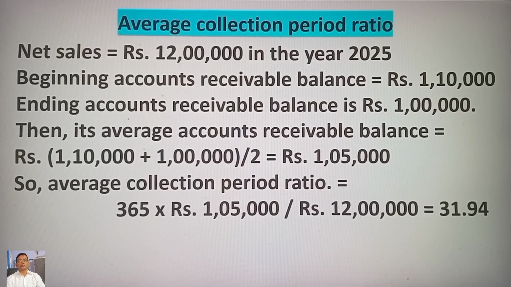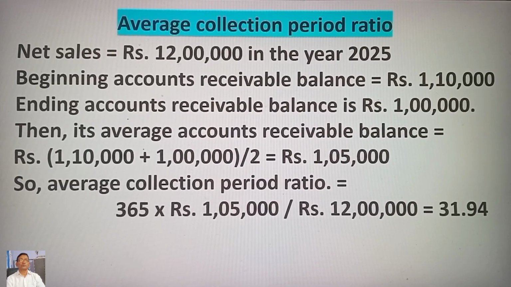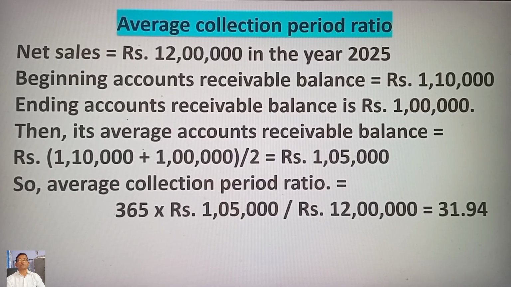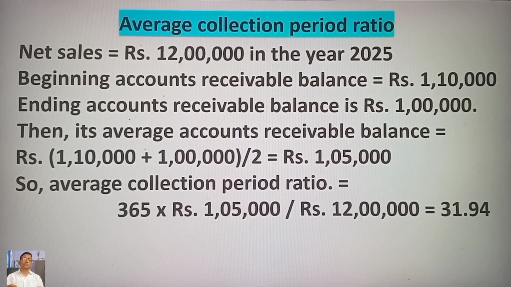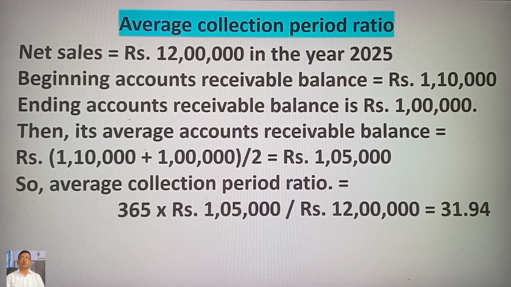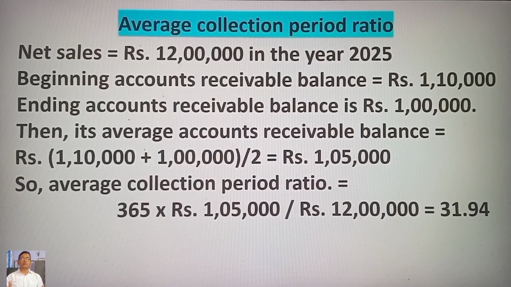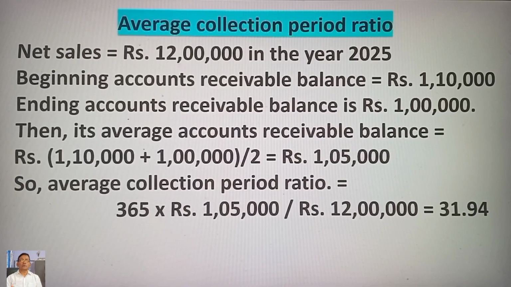In a year, that is 365 days, and net sales is rupees 12 lakh. So average collection period ratio is equal to 365 into rupees 1,05,000 divided by rupees 12 lakh, which comes as 31.94. So the company takes an average of 32 days to collect payment on an invoice.